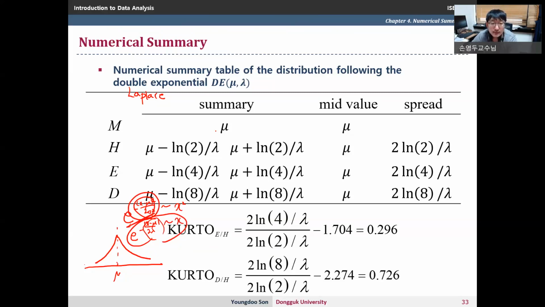So with this numerical summary table, we can calculate the kurtosis of the double exponential distribution. The values of the kurtosis are 0.296 and 0.726. They are greater than 0. So we can also know that the double exponential distribution is high-peaked and fat-tailed compared to the normal distribution.